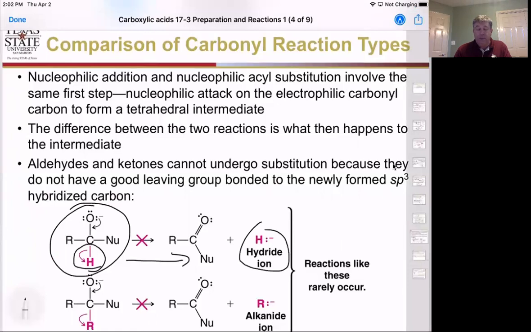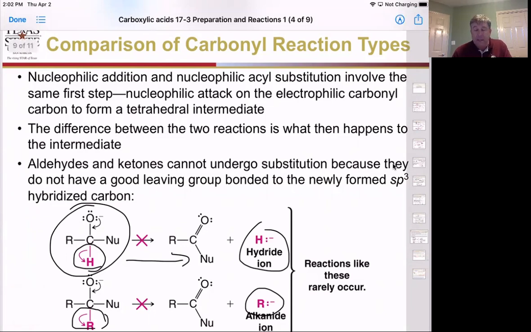Hydride is a very poor leaving group and rarely occurs. In the case of having a ketone, we would end up with an R- as our leaving group, which means it doesn't undergo the substitution reaction, because no matter what the incoming nucleophile was, it would not do it. It only undergoes the addition reaction, not a substitution reaction.